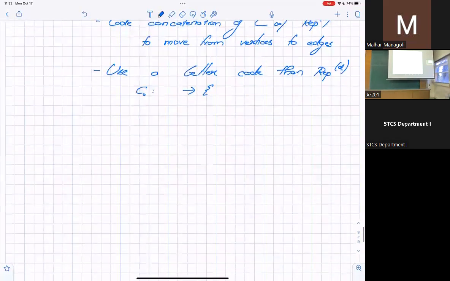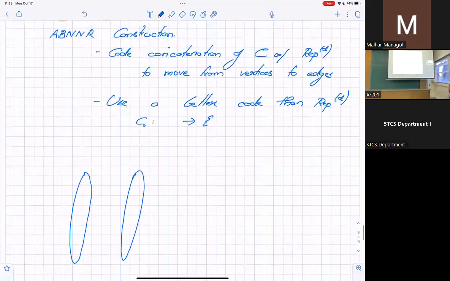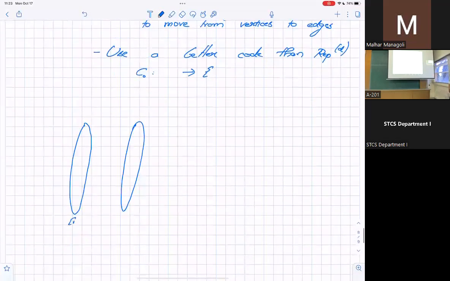So let me draw the picture here. The ingredients are G, as before, a D-regular lambda spectral expander.